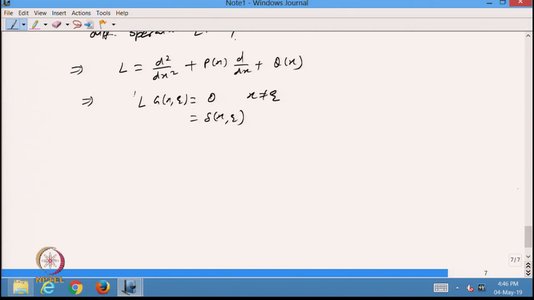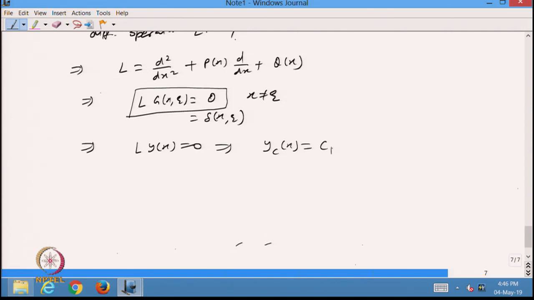This is equivalent to solving the corresponding homogeneous differential equation.